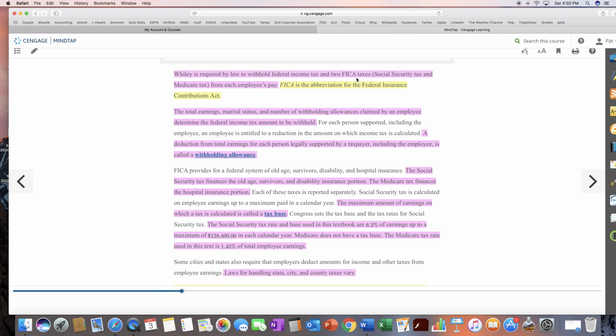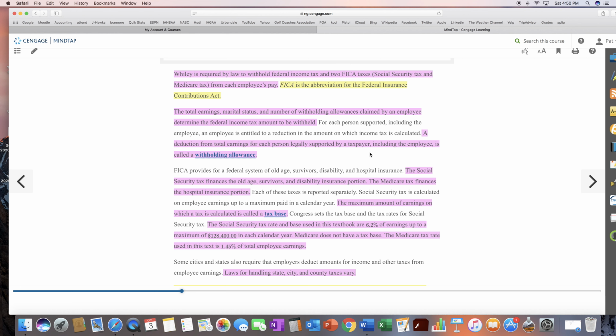If you remember the charts that we'll get to in a minute, based on total earnings and whether they're married or single, we had two different charts. The number of withholding allowances claimed by each employee determines the federal income tax that will be withheld. Deductions from total earnings for each person legally supported by a taxpayer are called withholding allowances. So the more allowances you claim, the less tax is withheld.